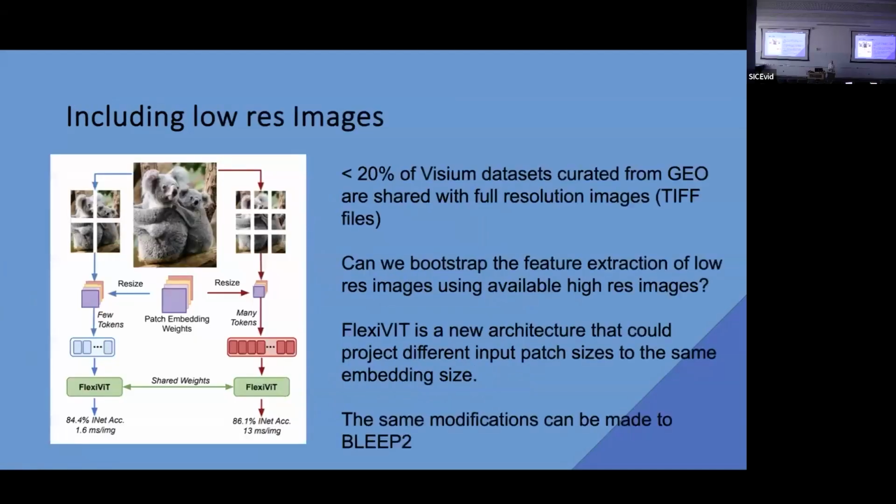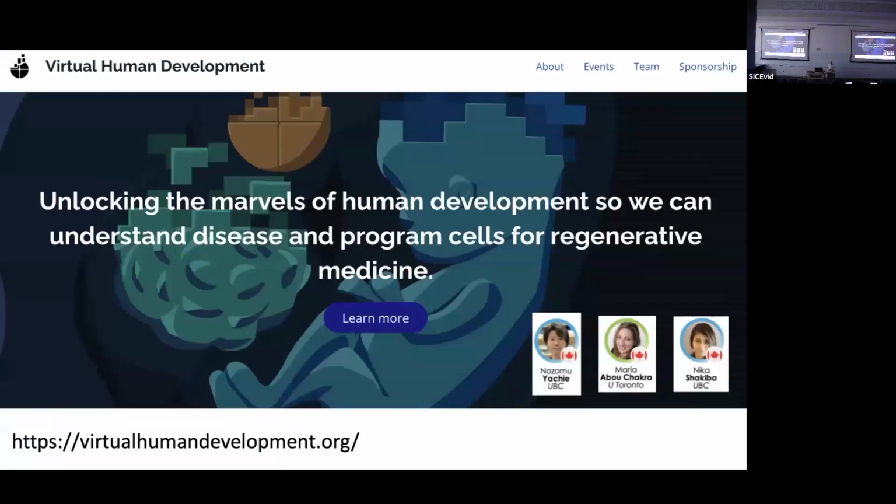I'm not going to go through the details, but it's an interesting example of how ChatGPT technology can be useful for automating curation. I'm going to skip this slide as well.